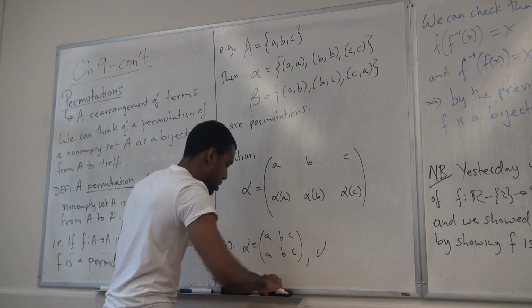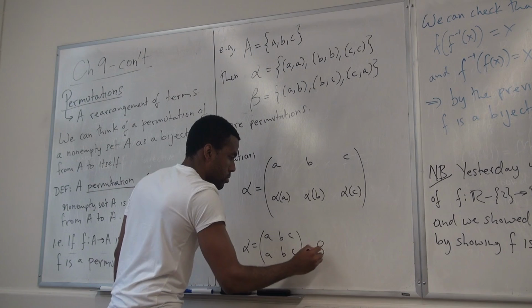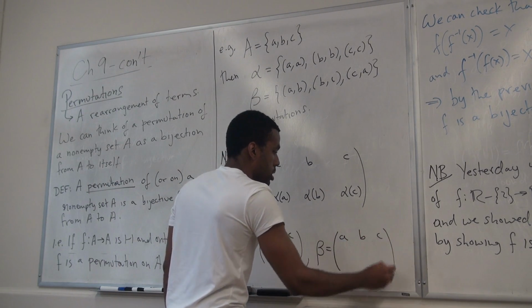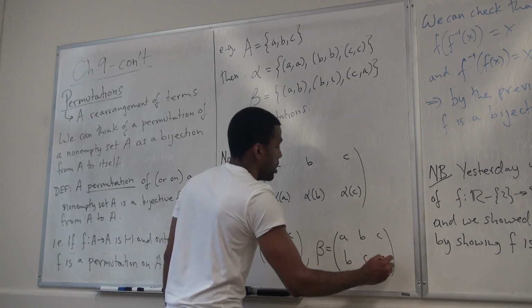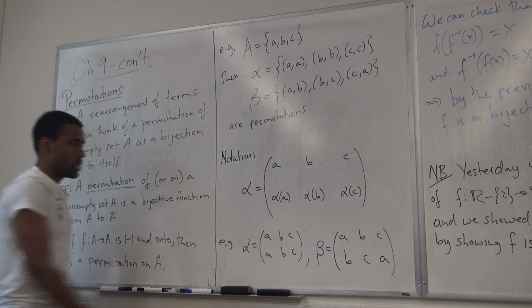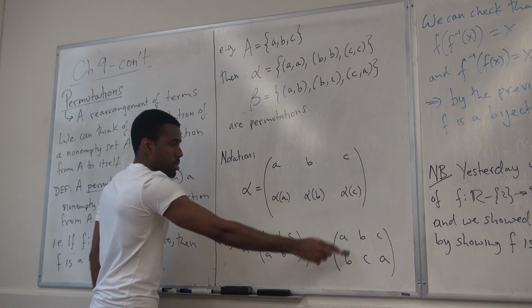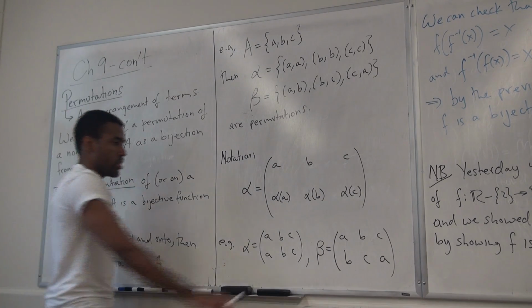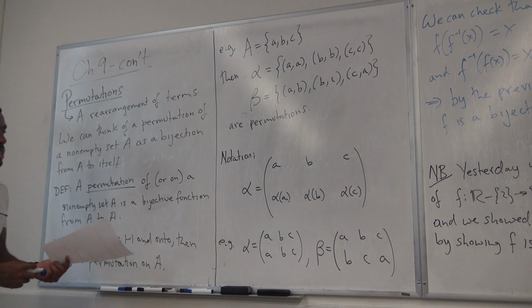And I can look at beta, this guy, ABC goes to BCA. So I can write down those functions. This just says A maps to A, B maps to B, C maps to C. Here A maps to B, B maps to C, C maps to A. So I went from the arrangement ABC to the arrangement BCA, and that is a bijection.